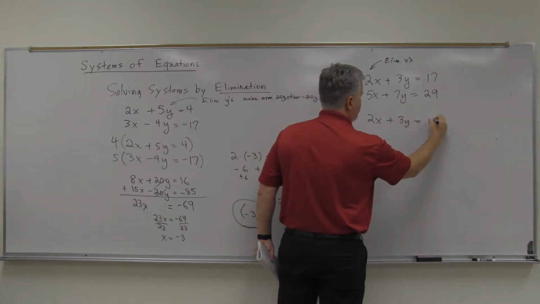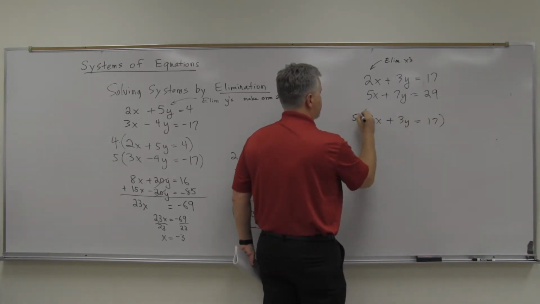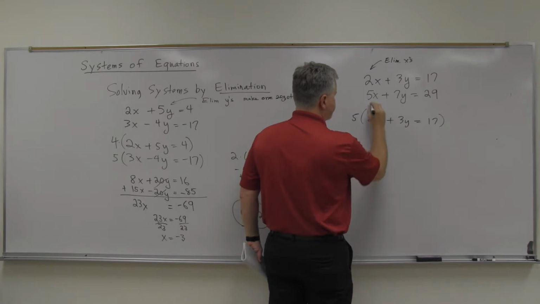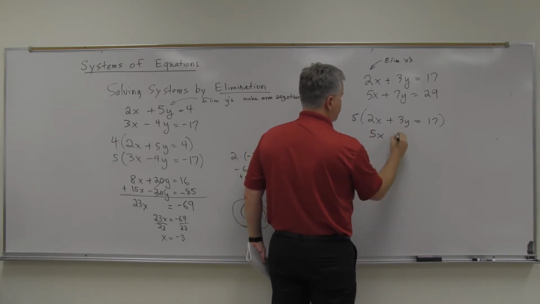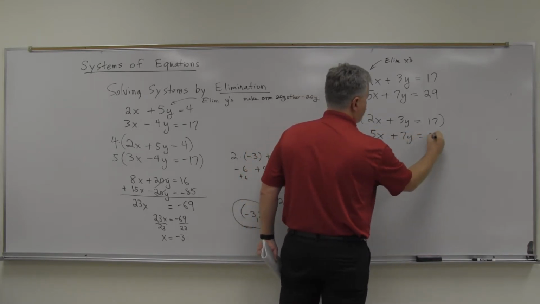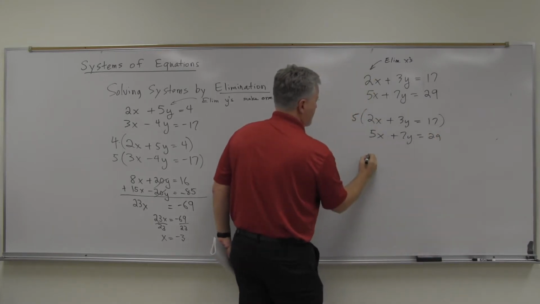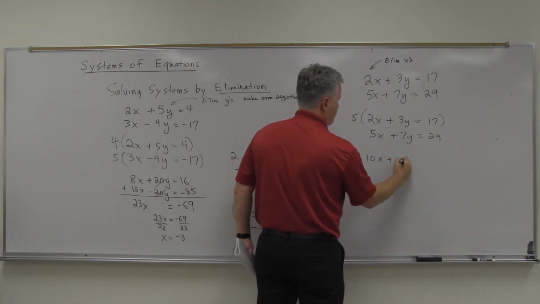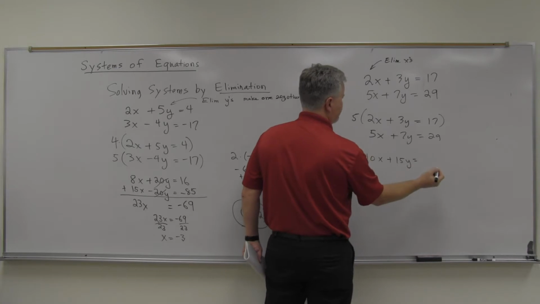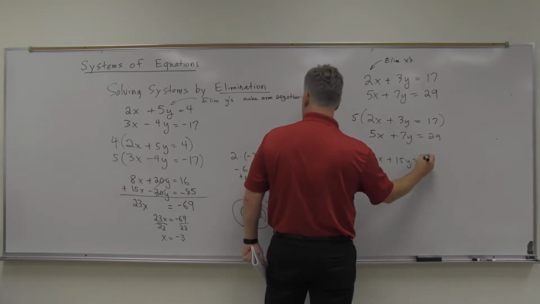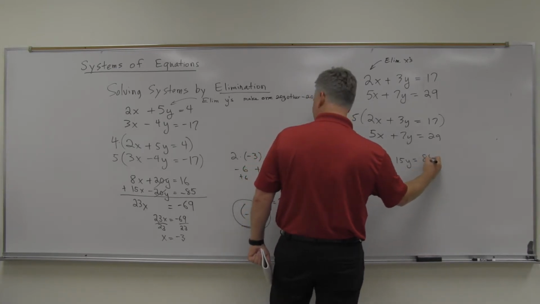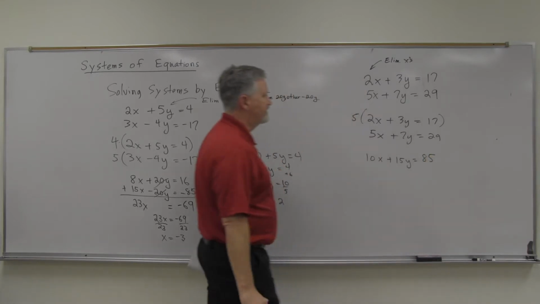So the top one I would multiply by 5. So that would give me 10x plus 15y equals 5 times 17 is 85. Okay. We had -85 a while ago.